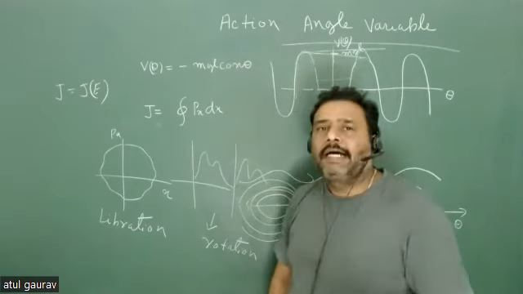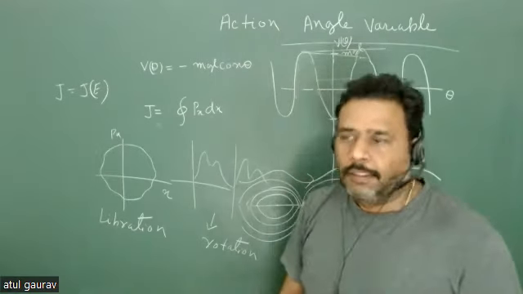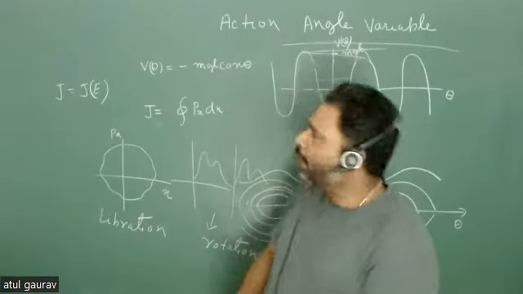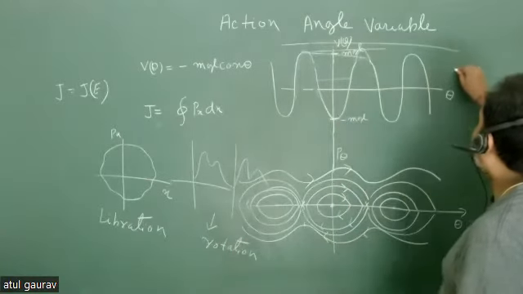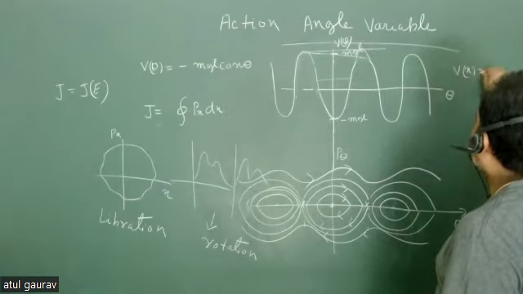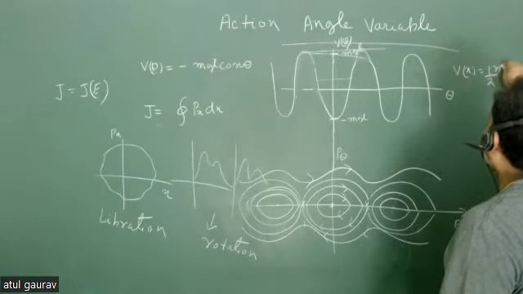So let's first try with a known solution, जिसका solution हमें पता है. For example, the harmonic oscillator: half m omega square x square, isn't it?